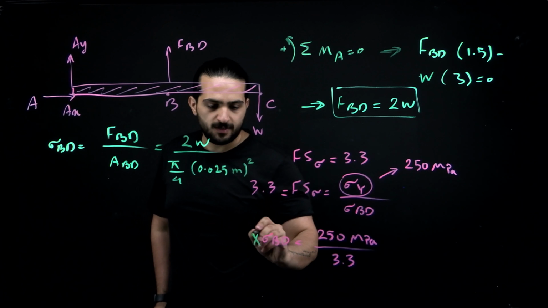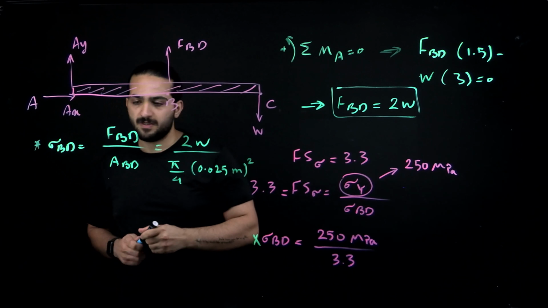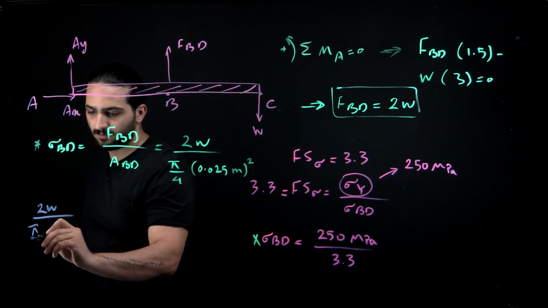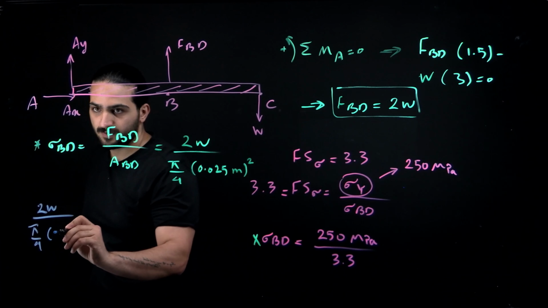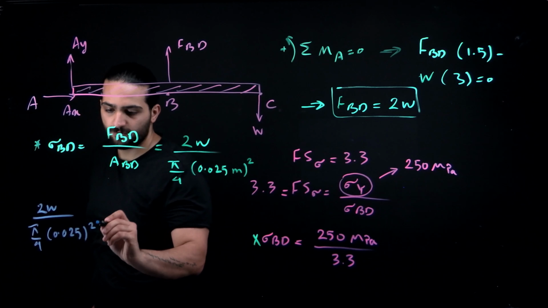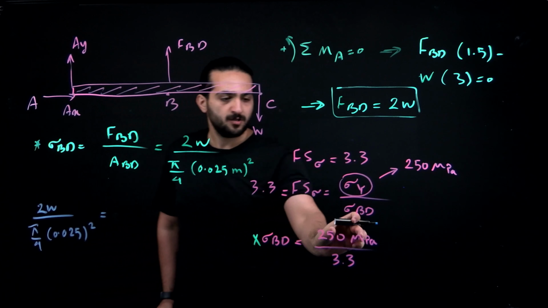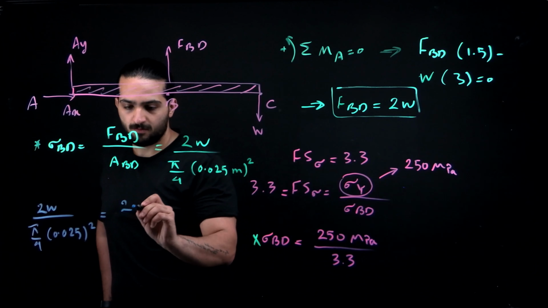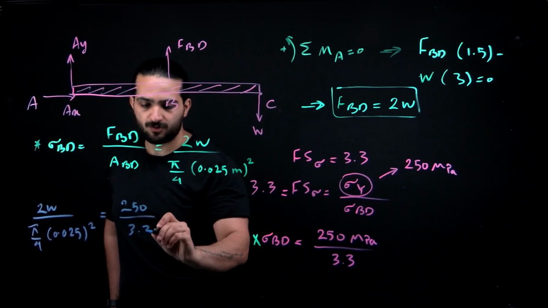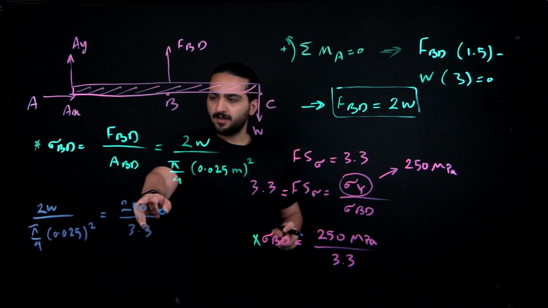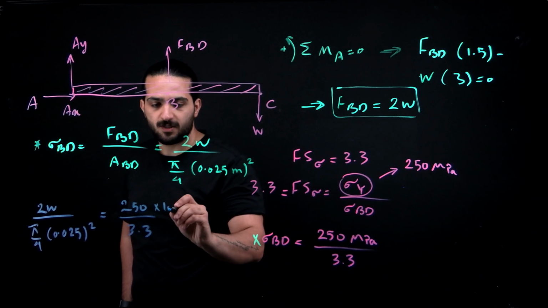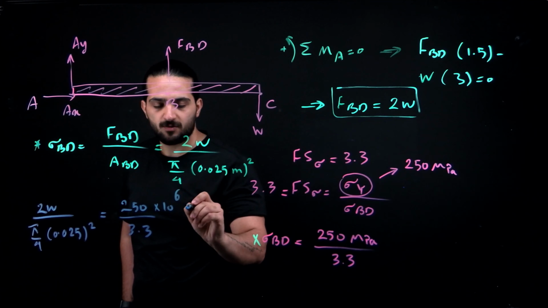Using this and this, you can say 2W divided by pi over 4, 0.025 in the power of 2 is equal to 250 divided by 3.3, and since we used megapascal, this is 10 in the power of 6 Pascal.